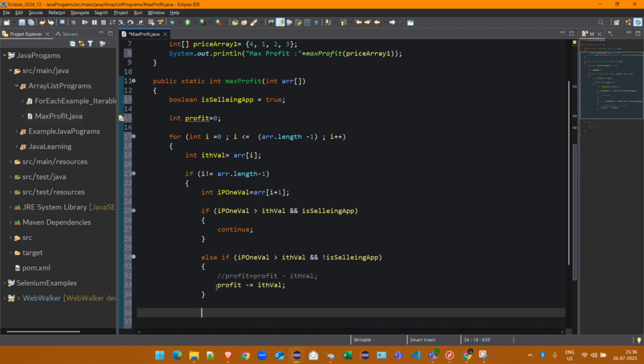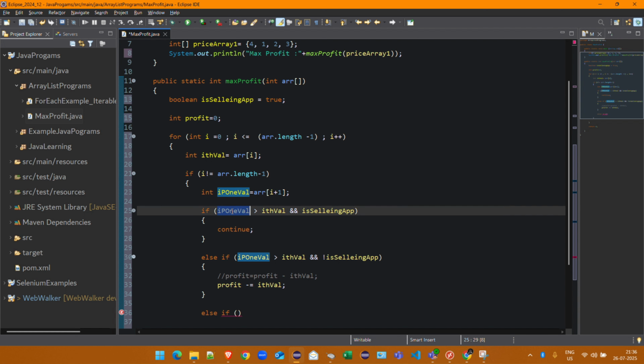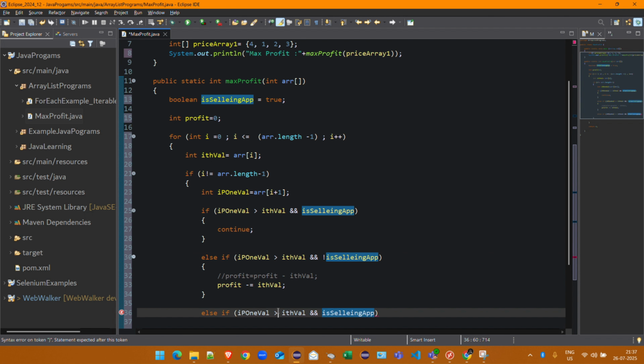Now what would be the next condition? I'll write again, else if. Now we'll have to reverse the condition. The first case was, the second day value is higher than that of today's. But now we'll write the condition like the second day value is less than that of today's. Let us make a decision based on that now.